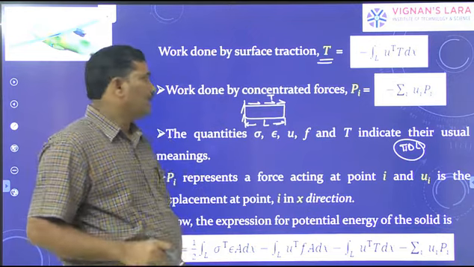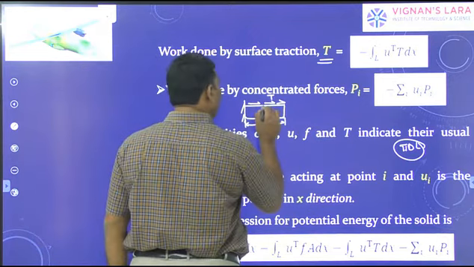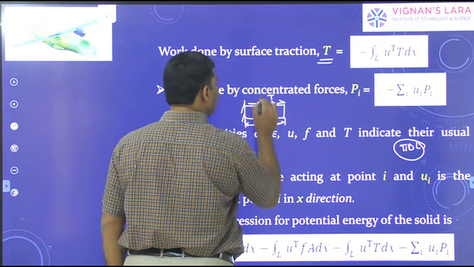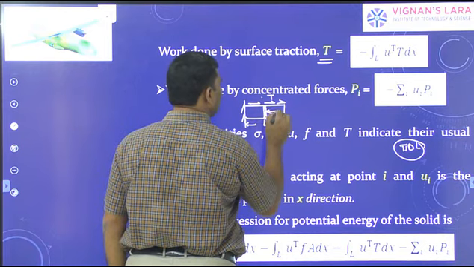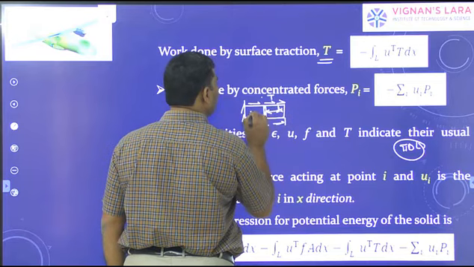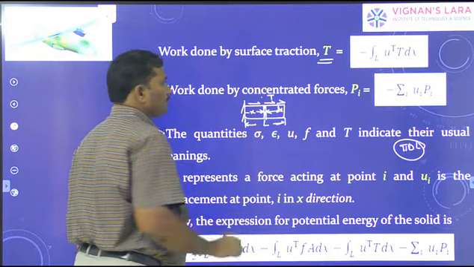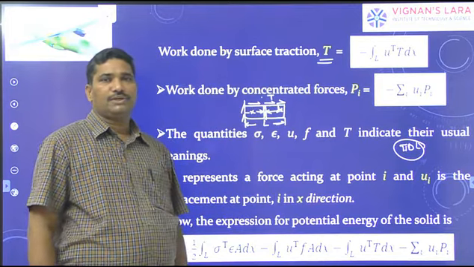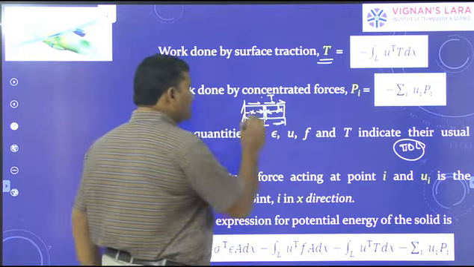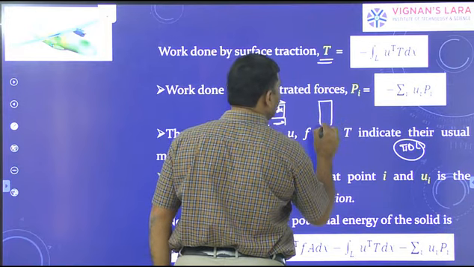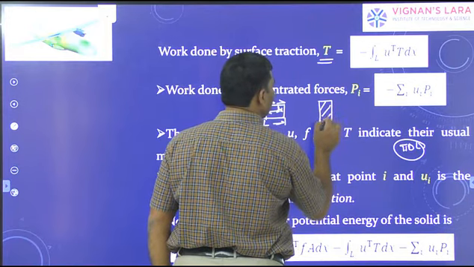Now, if you consider an infinitesimal element of thickness dx, distant x from the fixed end, what is the traction acting on this infinitesimal element? I draw the infinitesimal element to an enlarged scale.